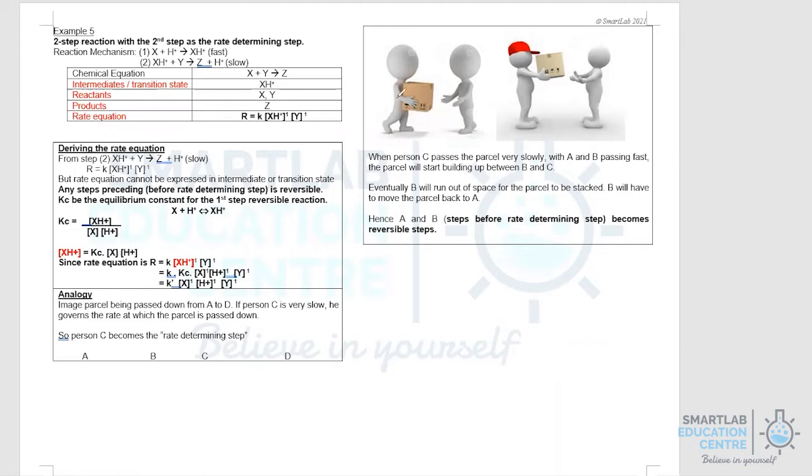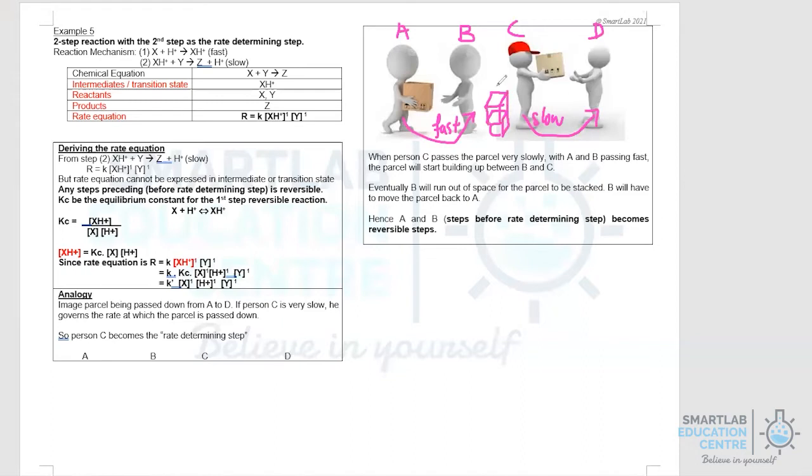Let's explain why with an analogy. Say for example, A is able to pass the parcel to B very quickly, so it's very fast, while C will pass the parcel to D very slowly. So in this case, when B started taking the parcels, B will have to start placing the parcels down because C is taking them very slowly.